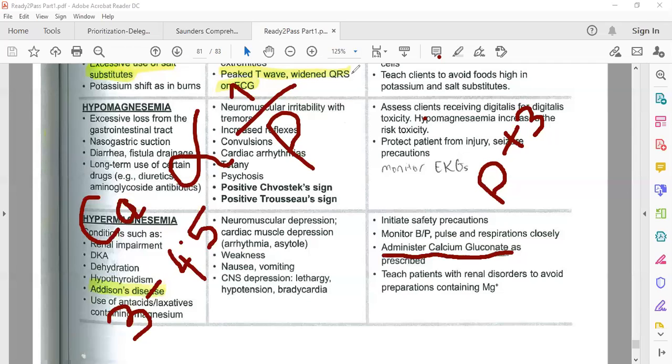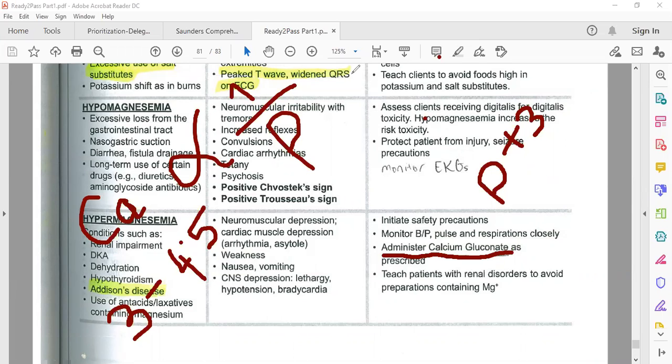Because when the calcium level goes down, the phosphorus level goes up. The hyperphosphatemia patient has a positive chopstick sign or trousseau sign, muscle cramping, tingling sensation in the extremities, or lips and fingers.